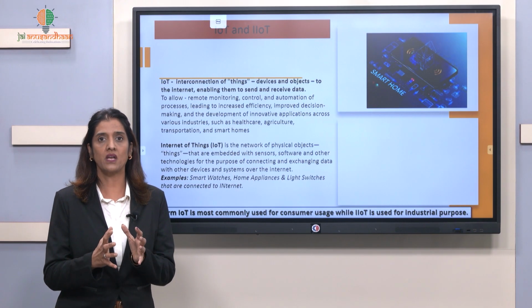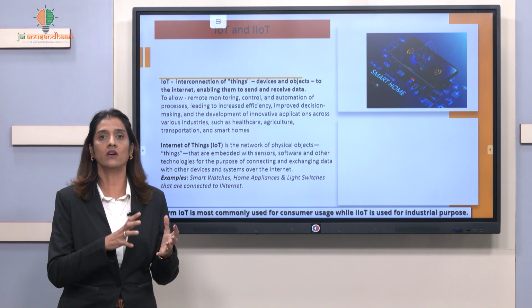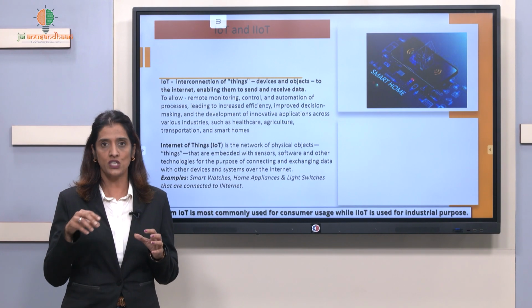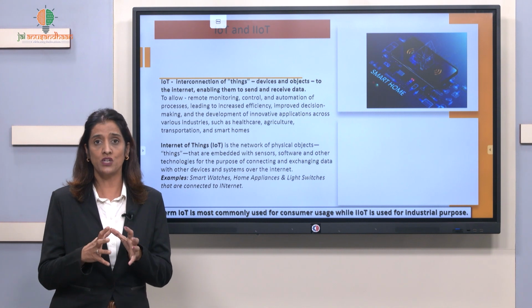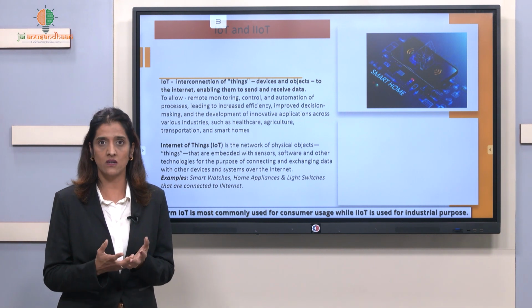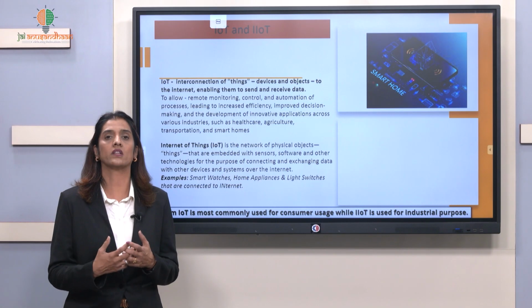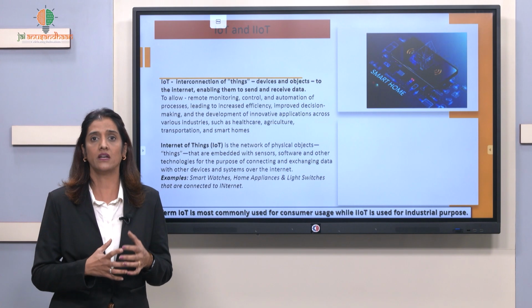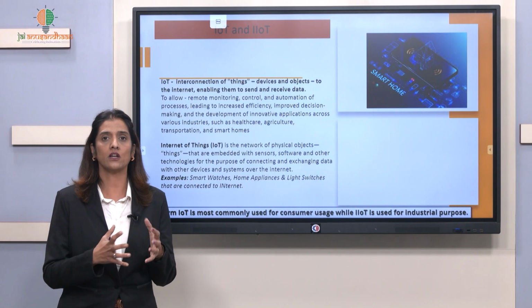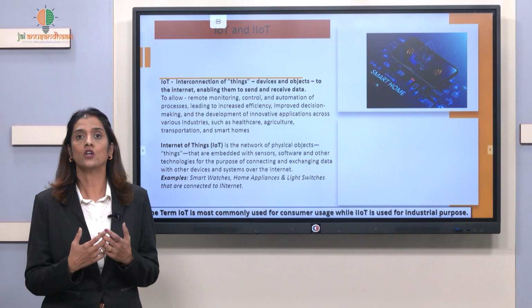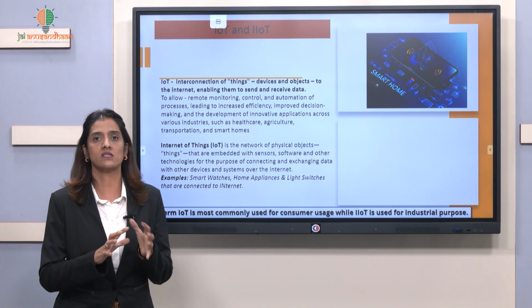This becomes the thing for the IoT. Anything around us, any object which is connected with any kind of hardware or sensor through which we can monitor parameters, becomes a smart thing, and that is available on the internet. It can be connected through the internet. We can talk to that thing or object through the internet, and that is the term called Internet of Things.